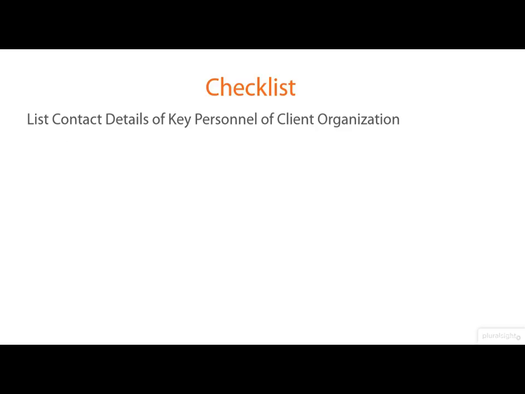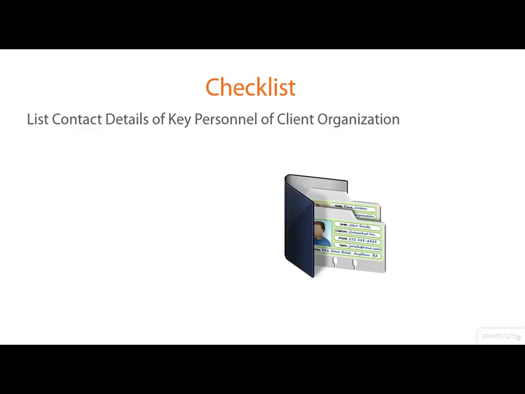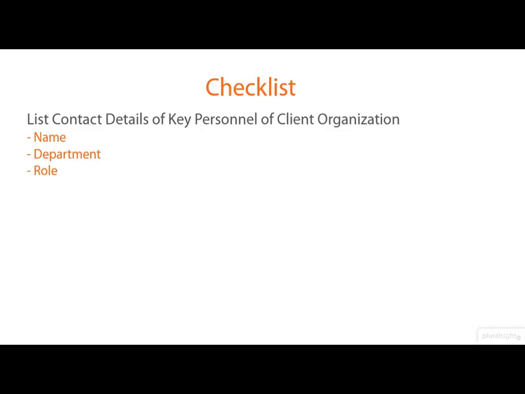Next, the team needs to gather the contact details of key personnel and the emergency personnel who will be appointed as being in charge of the project. The details should include the name of the employee, department, his role, his mobile or office number, and finally his email address.